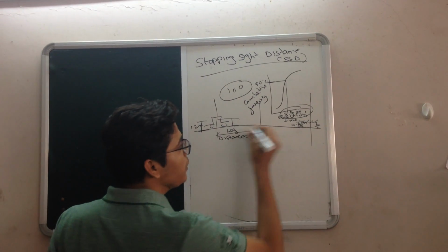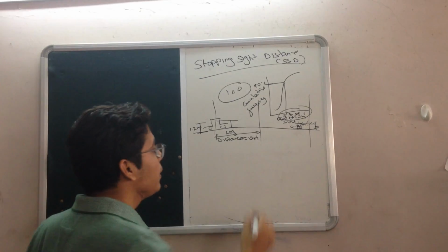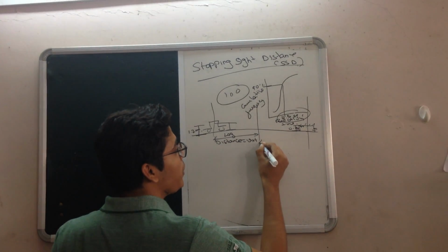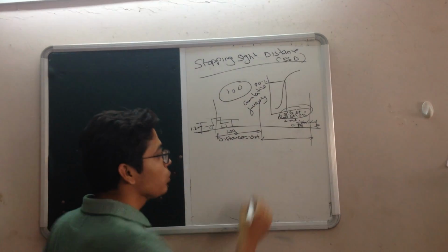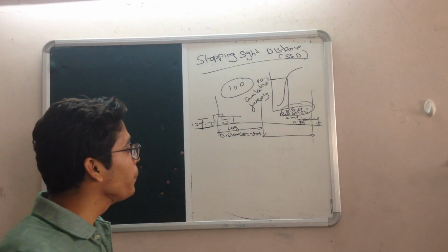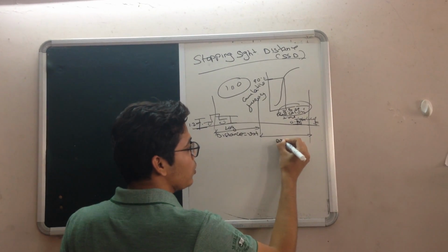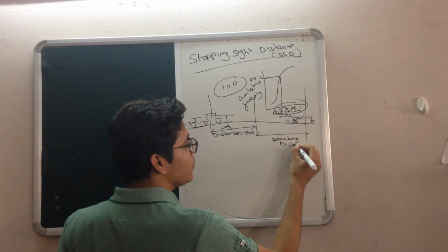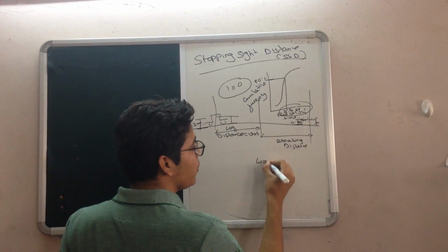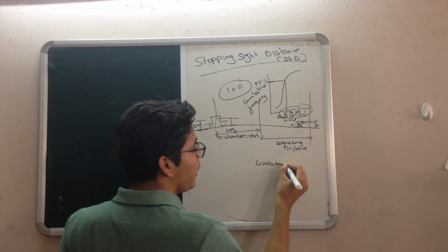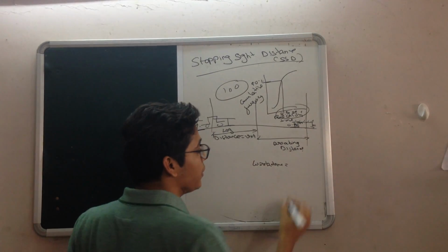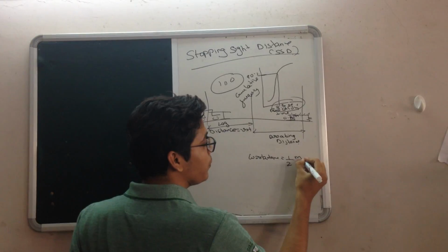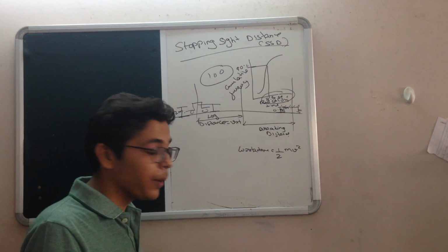Now, after this point, you have realized that it is high time to apply the brake. So from here, you apply the brakes. This braking distance is the work done, and the work done is the kinetic energy, so it will be half mv square.